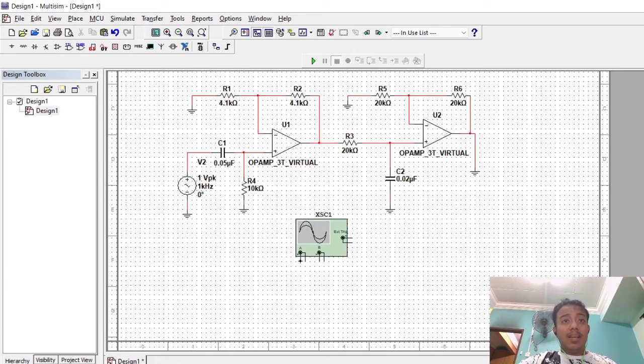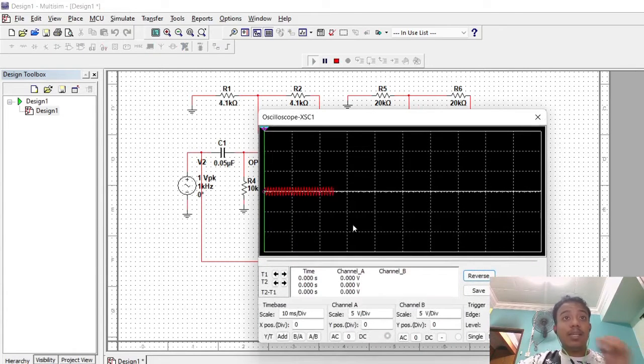The A positive we put there, and the A negative we put at the ground, at the output VO. After that, we run the simulation and we can see the input signal.